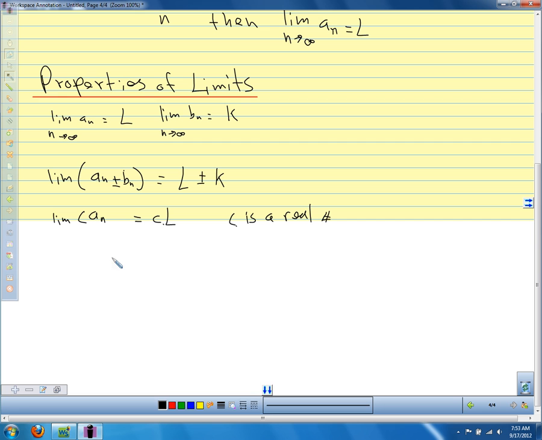The limit of the product is the product of the limits. And the limit of the quotient is the quotient of the limits as long as our denominator is not 0.